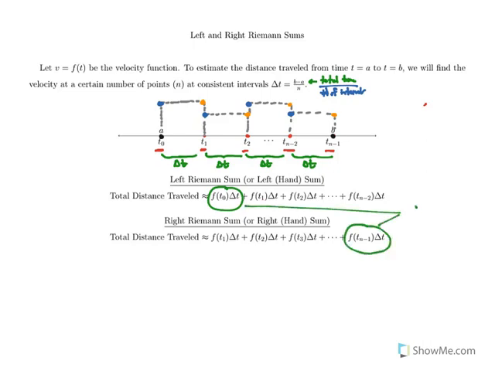These are the only terms that are different between the left and the right. So if you took the left and you subtracted the right, everything would cancel out except for that first one and the last one, and you'd be left with f of b minus f of a.